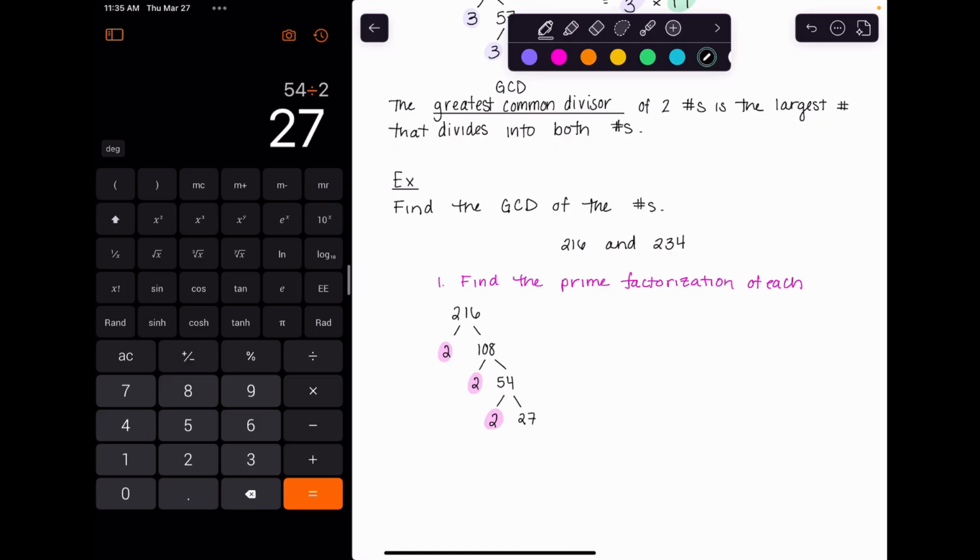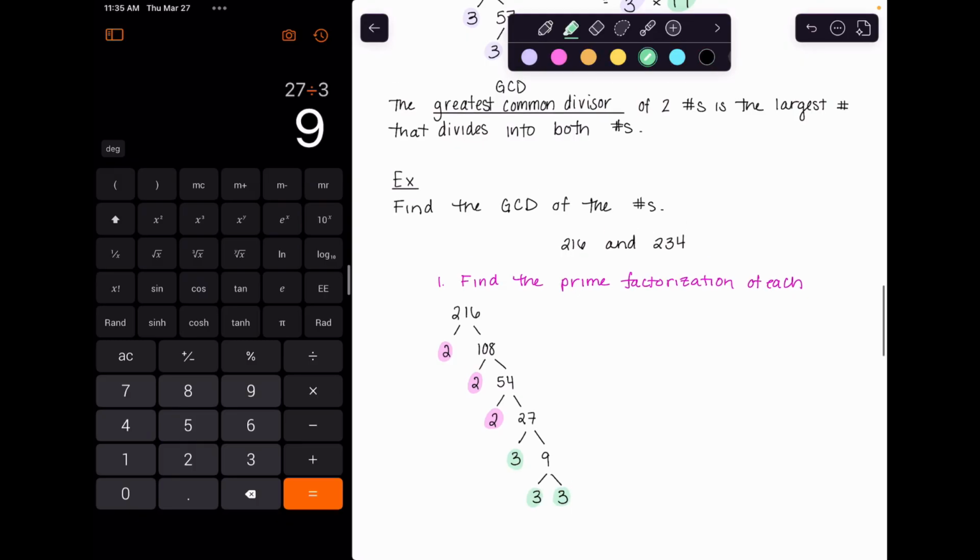Now, unfortunately, 27 is not an even number, so it does not divide by 2. However, it does divide by 3. So this can be written as 3 times 9. And 3 is a prime number. And then 9, hopefully you don't need a calculator for this one, but that does break down as 3 times 3.